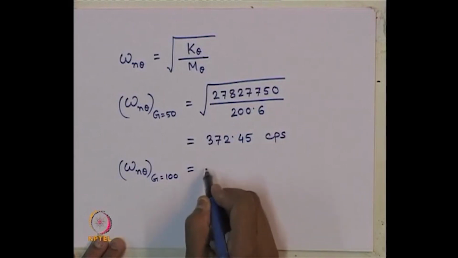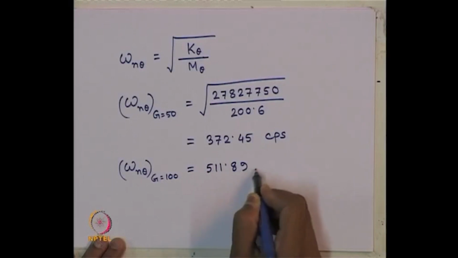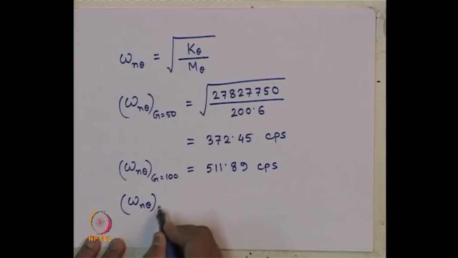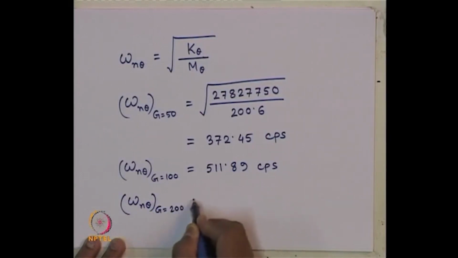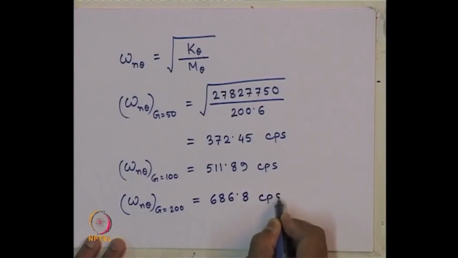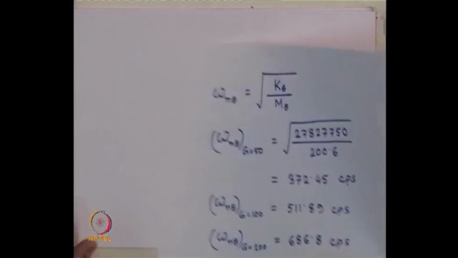So, by putting those values we are getting 511.89 CPS, and omega n theta for G equals 200 will be 686.8 CPS. So, once we obtain the natural frequency, now we are ready to compute the value of displacement amplitude for both the modes of excitation.